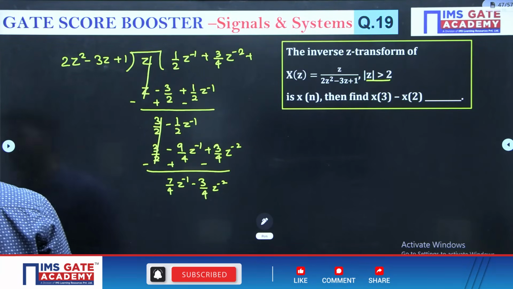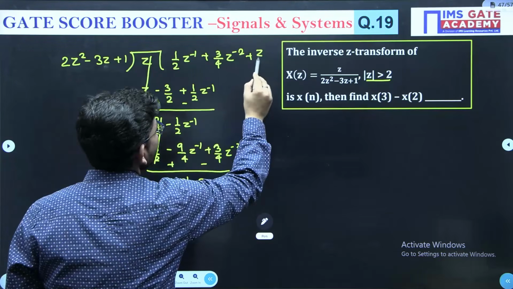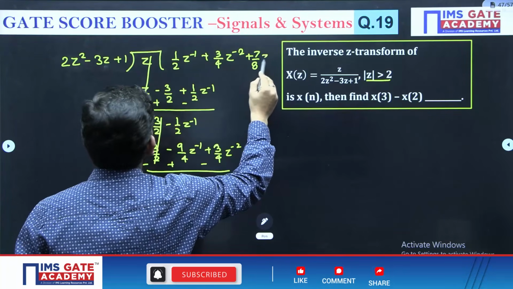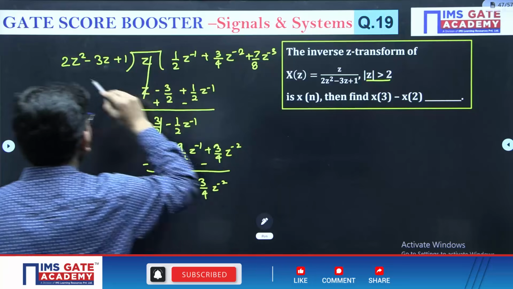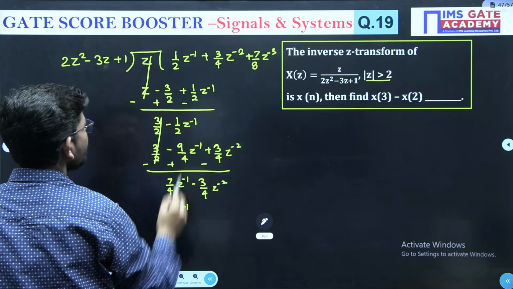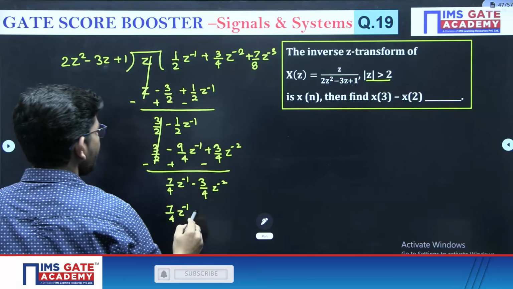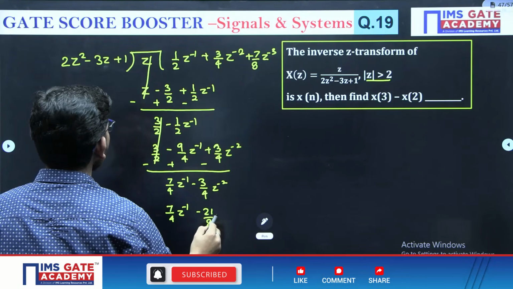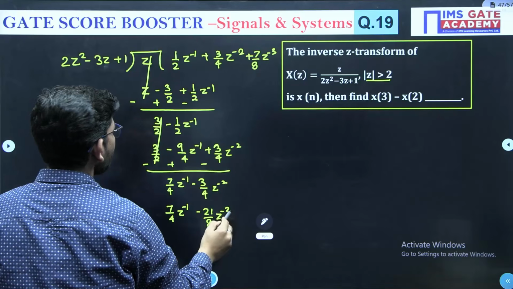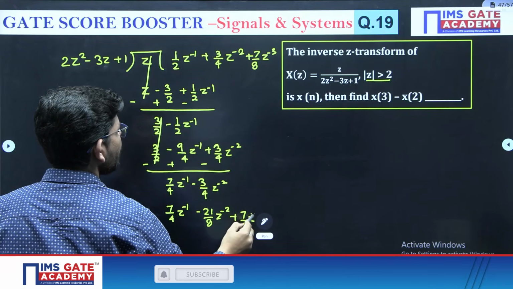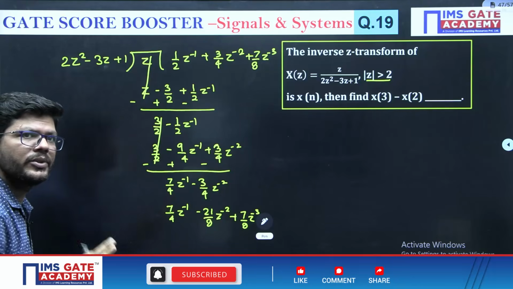So I should multiply with 7 by 8 z to the power minus 3. If I do that, I'll get 7 by 4 z to the power minus 1. If I multiply here, I'll get 21 upon 8 z to the power minus 2 plus 7 by 8 z to the power minus 3. Now don't do anything. You got your result.